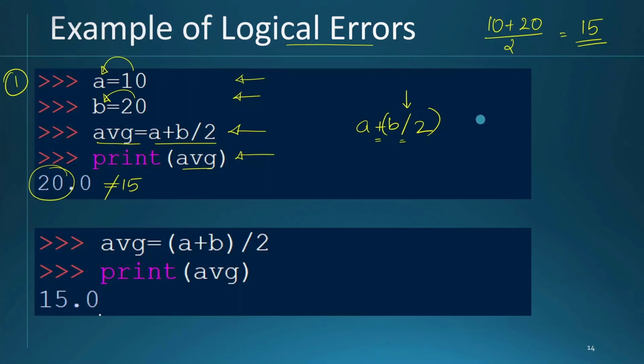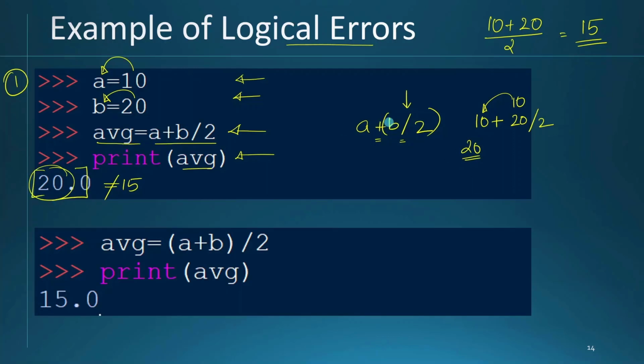So the value of A is 10 plus the value of B, 20, divided by 2. Initially 20 divided by 2 will be executed, which results in 10. Now this 10 will be added to the first 10 and the result will be 20, and that is why we are getting the result as 20 over here.